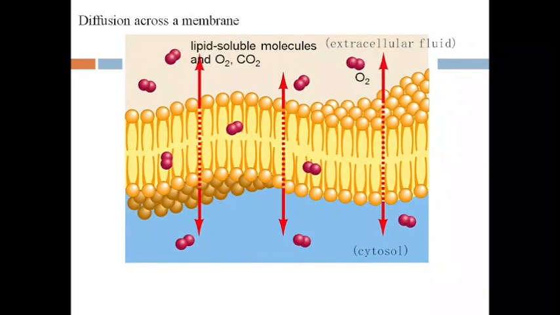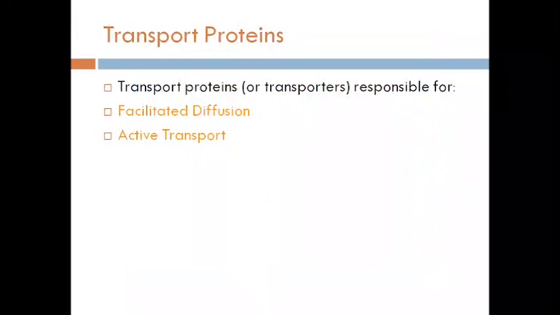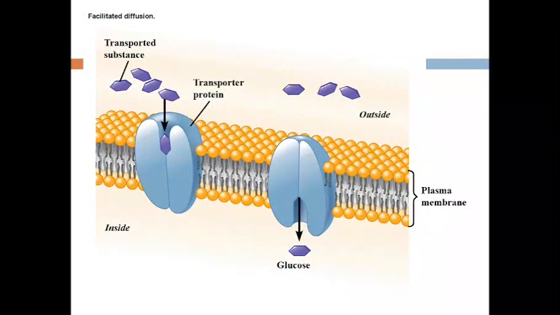Now, how is passive transport different between simple diffusion and facilitated diffusion? Facilitated diffusion is faster than simple diffusion. Movement in facilitated diffusion is down the concentration gradient, no energy input is required, and the necessary energy is supplied by the gradient.